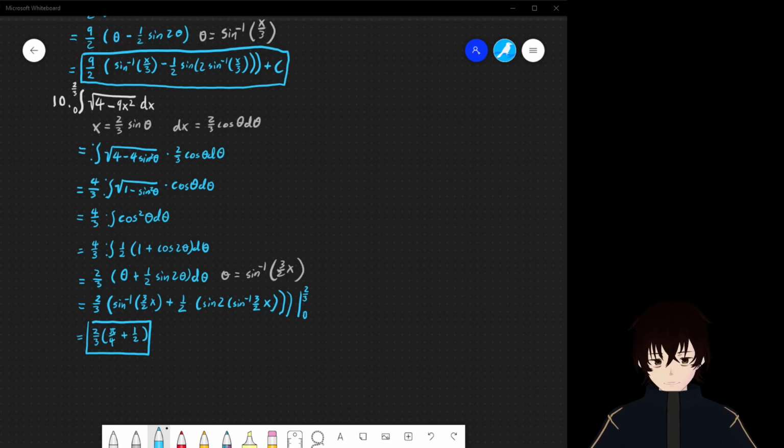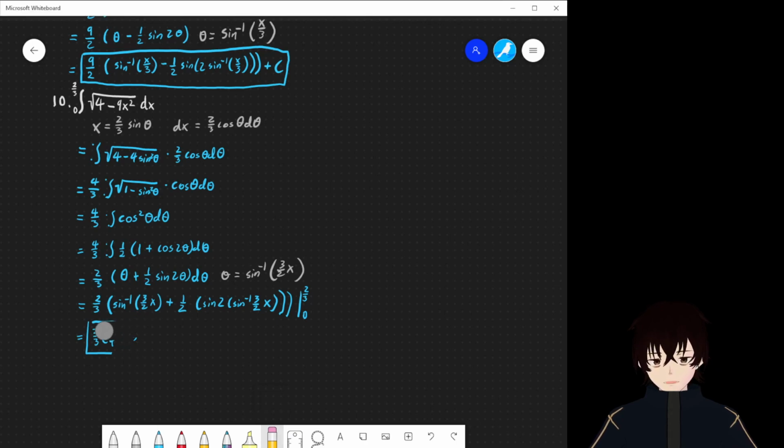Arc sine of 1 is what? Where's pi? Here's pi. Arc sine of 1 is pi over 2. Oh yeah. Arc tangent of 1 is pi over 4. So it was another mathematical error.